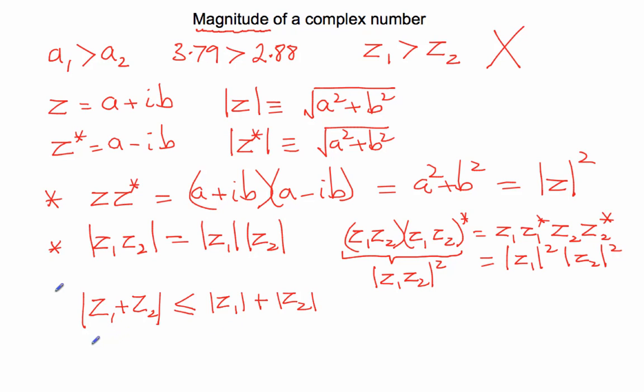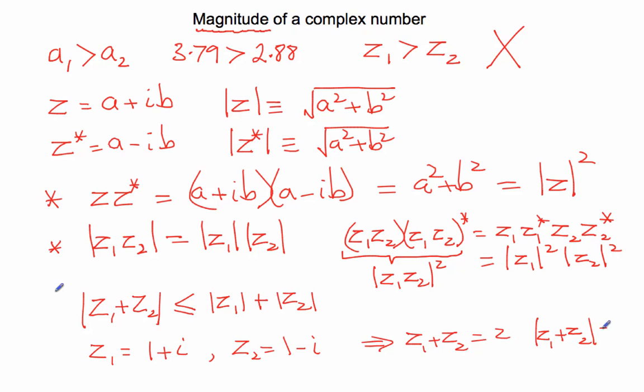Now, to illustrate that, let me take z1 equal to, let's say, 1 plus i, and let me take z2 equal to 1 minus i, in which case z1 plus z2 is equal to 2, and obviously the magnitude or the modulus of z1 plus z2 is then 2.